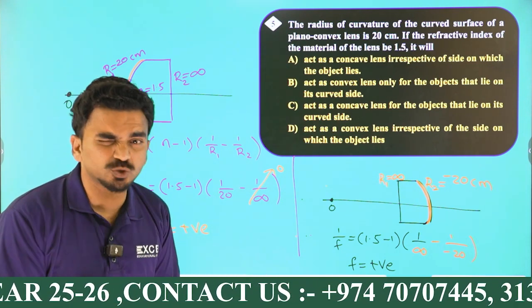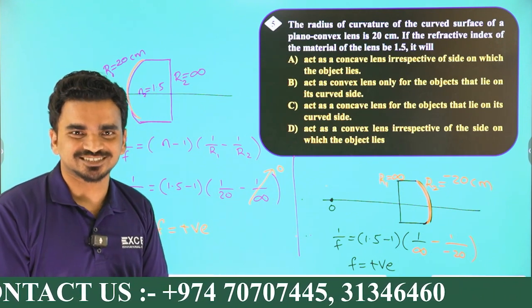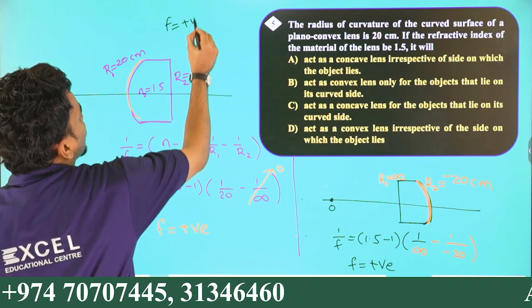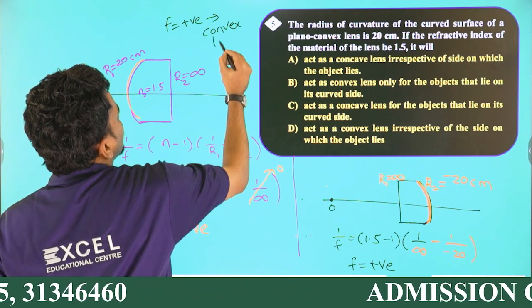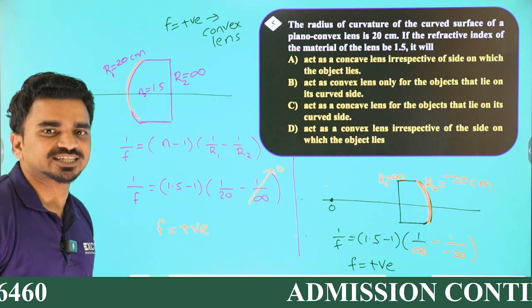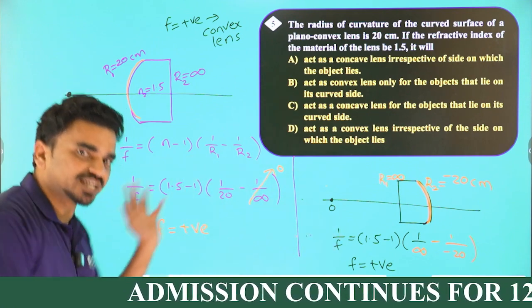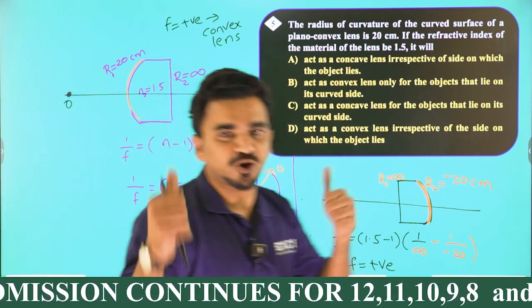So what can we conclude? Focal length positive means it is a convex lens. Keep in your mind, if you are getting focal length positive, we call that lens a convex lens. Therefore, irrespective of the position of the object, we get positive focal length. Therefore, it is a convex lens.